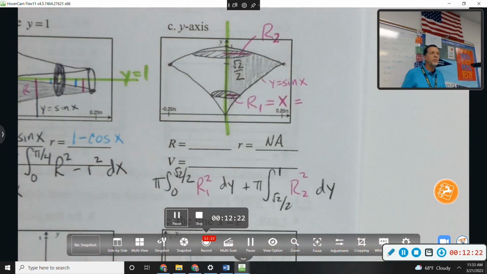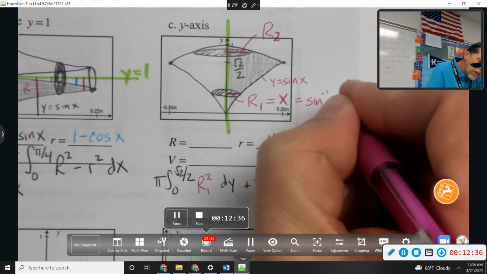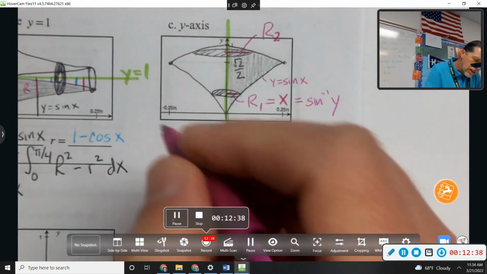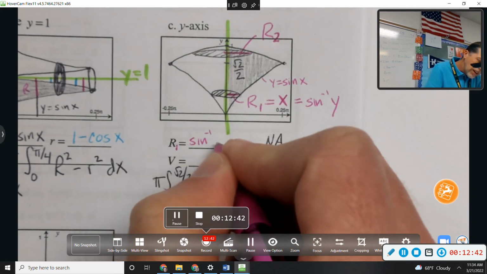I'm glad we picked this one. It's a tricky one. So what does x equal if y equals sine of x? What do I do to undo the sine? Inverse sine it. So x equals inverse sine of y. So r1 is inverse sine of y.